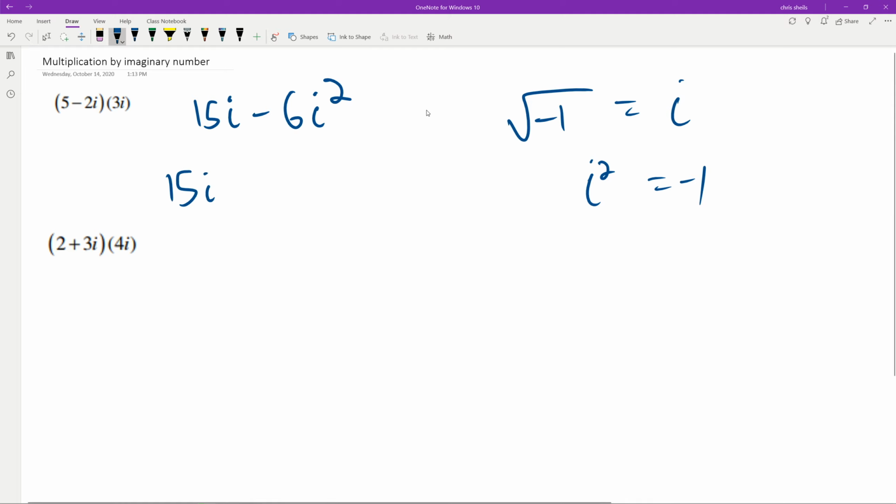So if I see an i squared, I can replace an i squared with negative 1. So this is going to become 15i plus 6, because negative 6 times negative 1 is plus 6. Or if I wanted to write this like I typically write complex numbers, then I'd write that real part first.